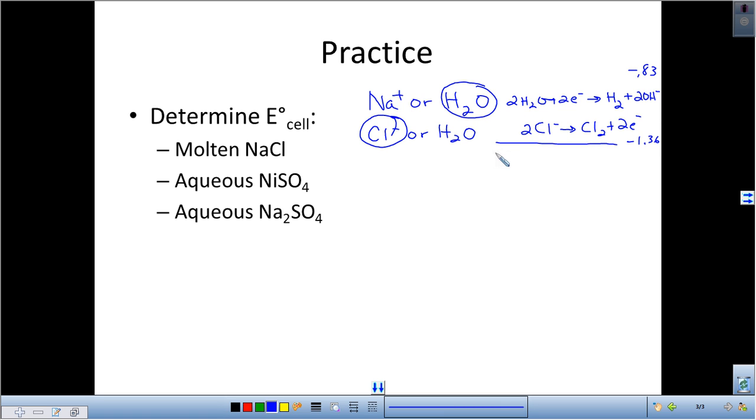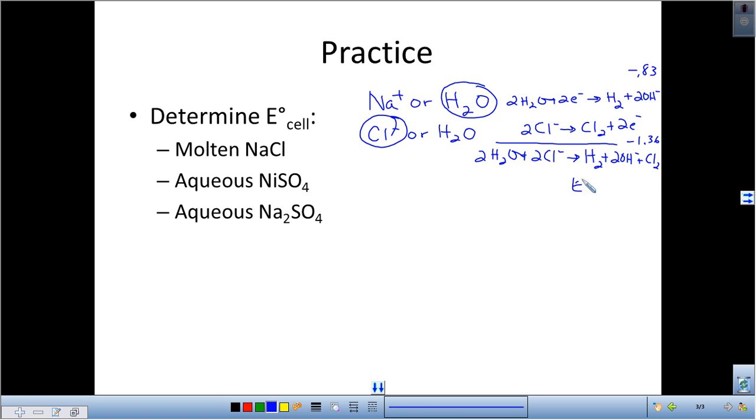So now I can write my balanced redox reaction. It's 2 waters plus 2 chlorine ions yields hydrogen gas plus 2 OH minus plus Cl2.